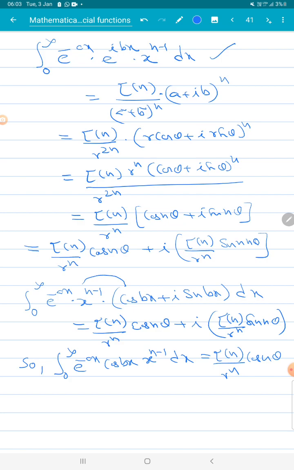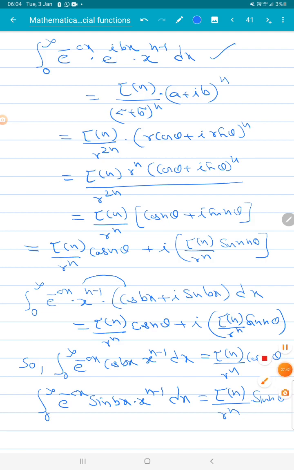Similarly, comparing the imaginary part, the integration from 0 to infinity of e power minus ax into sin bx into x to the power of n minus 1 into dx is equal to gamma of n by r to the power of n into sin n theta. Thank you.